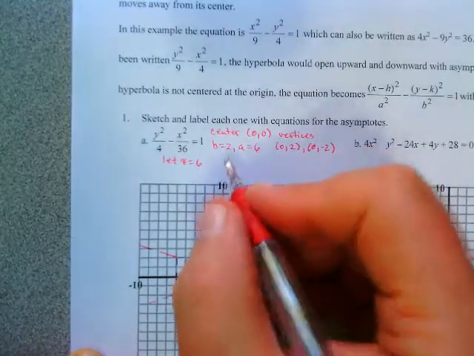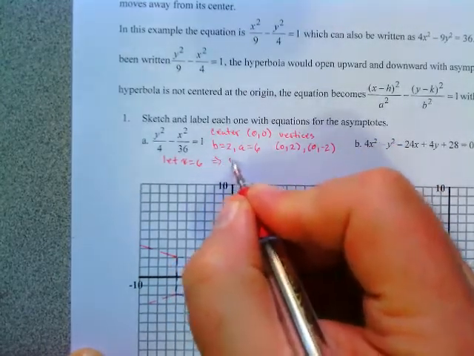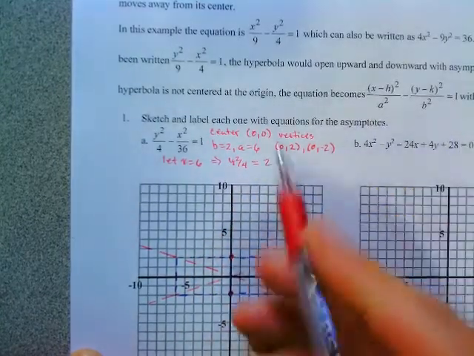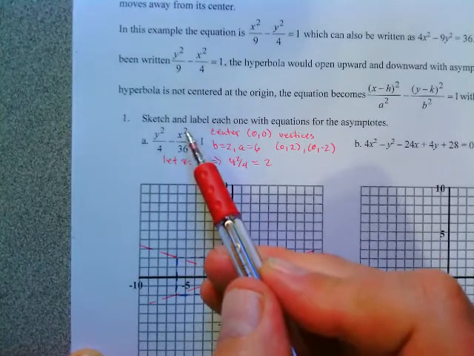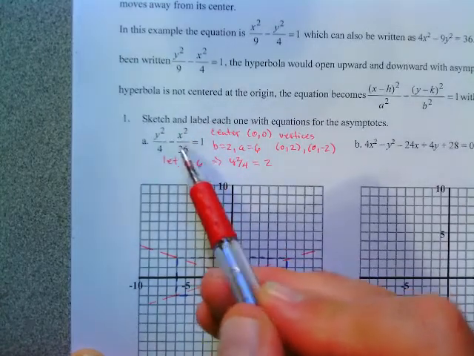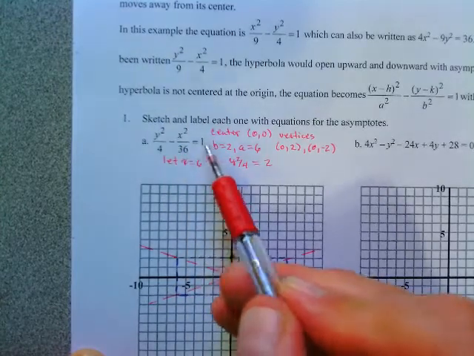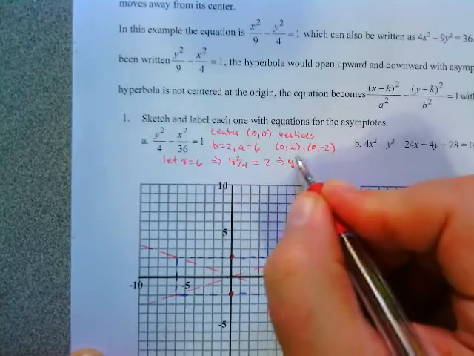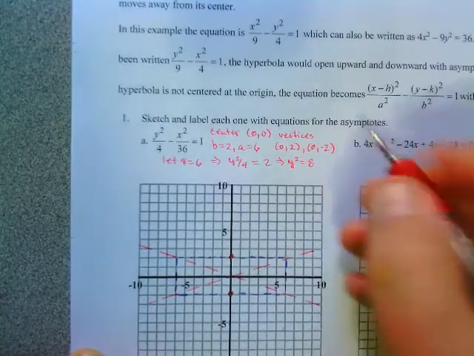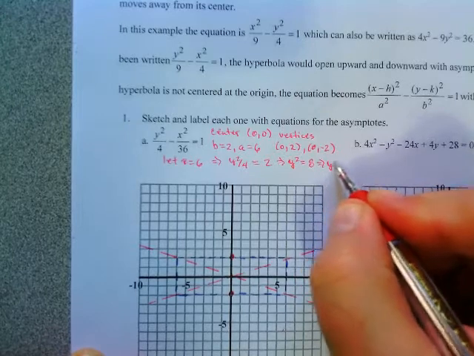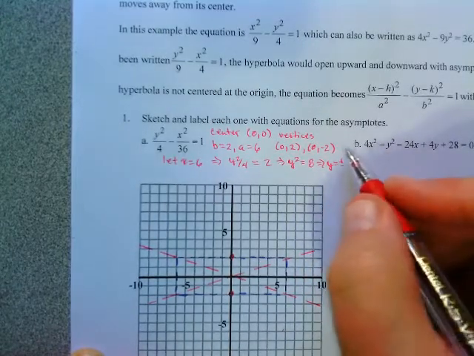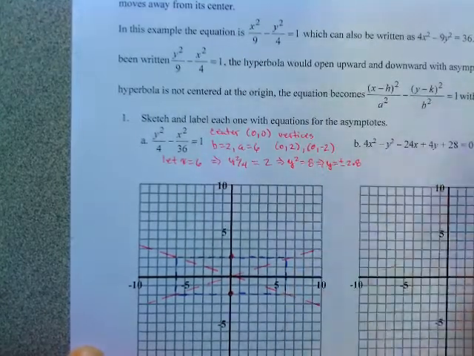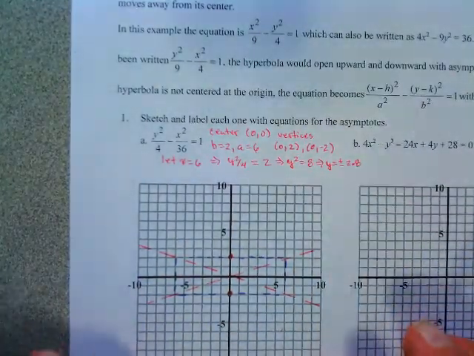Then y squared over 4 would equal 2, because 6 squared is 36, and 36 over 36 is 1. Minus 1 equals 1, so add 1 to both sides and we get our 2. So y squared equals 8, which means y equals plus or minus the square root of 8, which is about 2.8. 9 would have been 3, so we're not quite there.